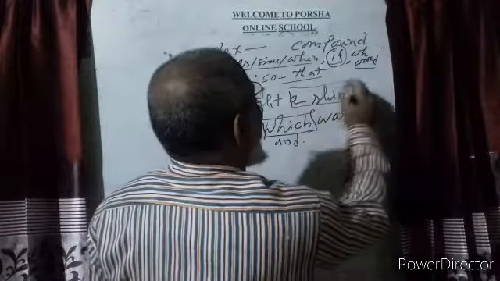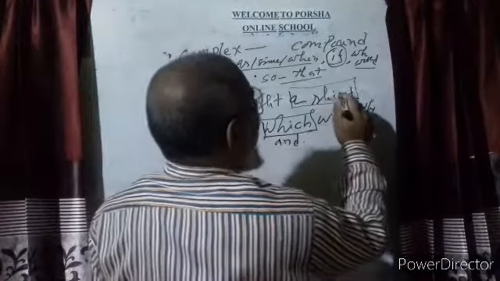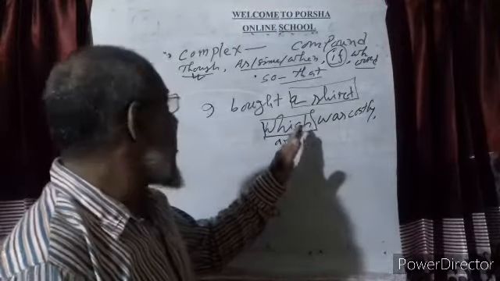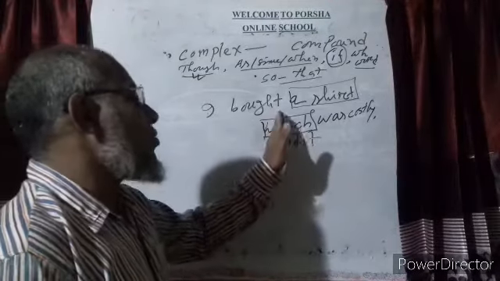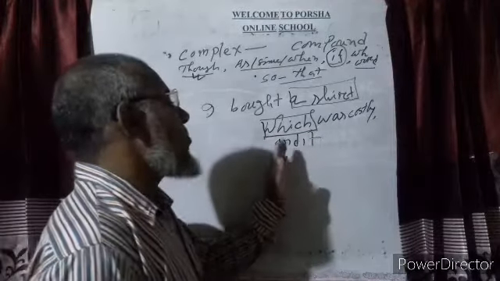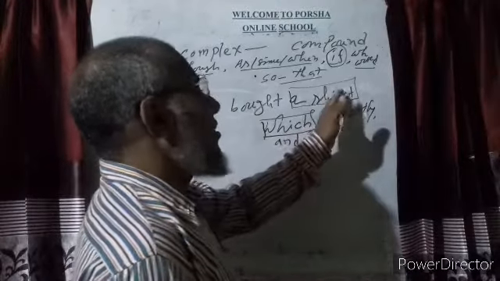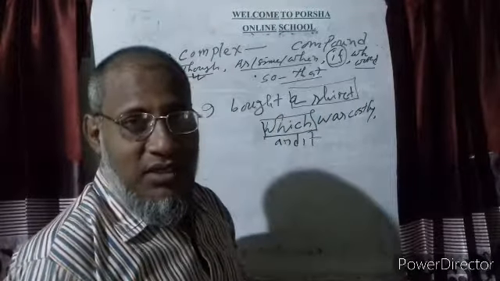Then its pronoun will be used after and. Then what will be the pronoun of a shirt? It. Then it will be okay. Have you got the idea? If there is any relative pronoun in a complex sentence, the compound sentence will be with and. In lieu of the relative pronoun, and will be used, and after and, the object of this sentence is changed into subject.